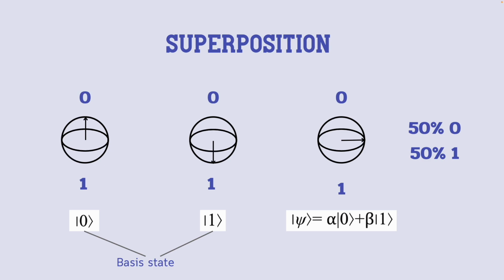Here's a simple visualization for qubits and superposition. Its basis states can be 0 or 1, similar to classical bits, and these are their notations. A qubit can also be in a superposition state, where it has some probability of being measured as 0 and some probability of being measured as 1.